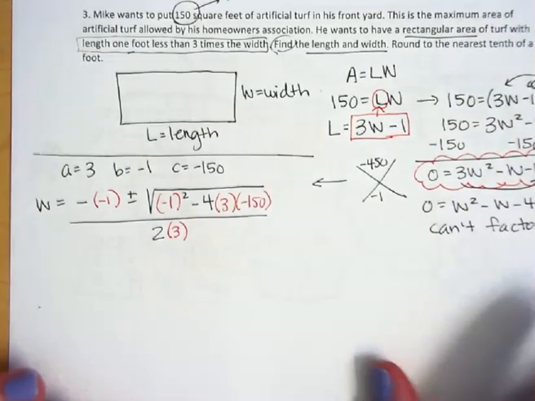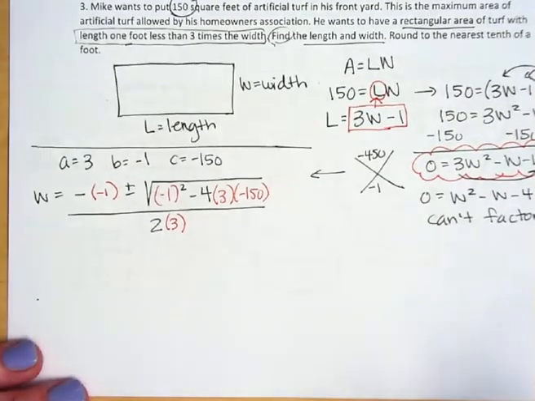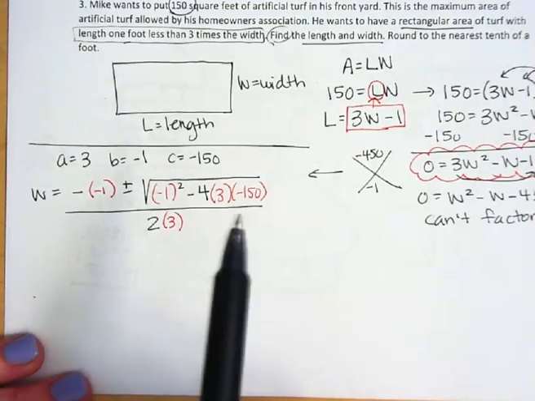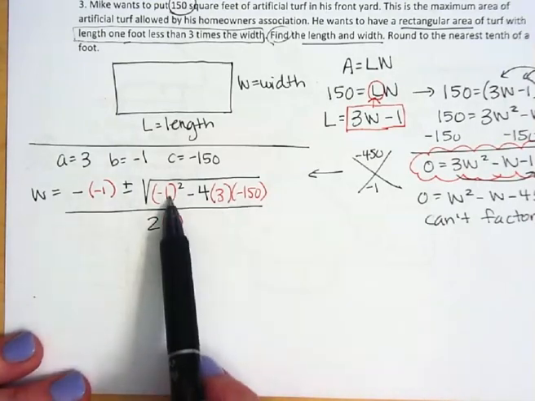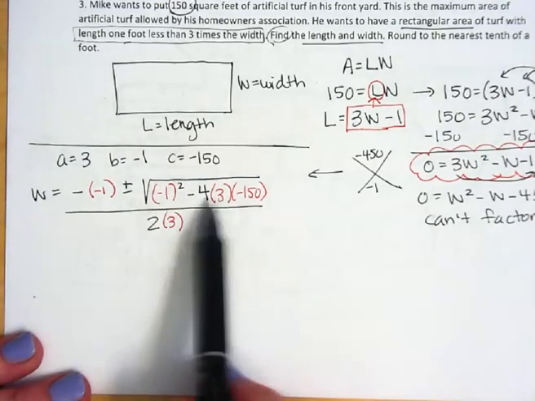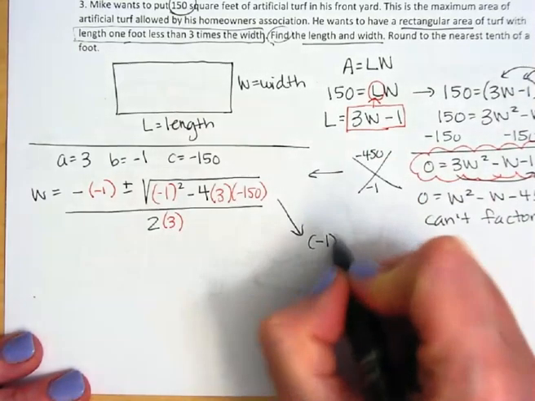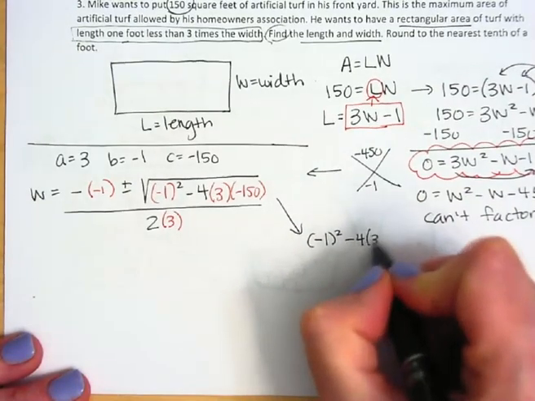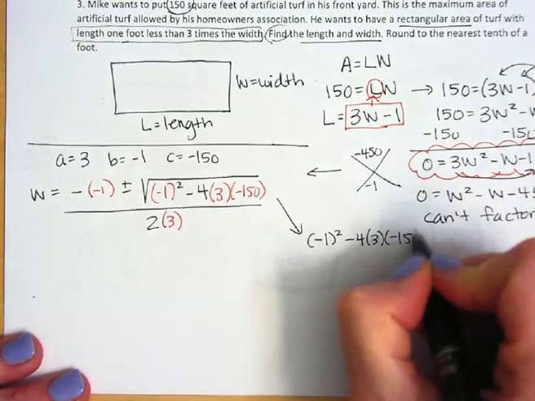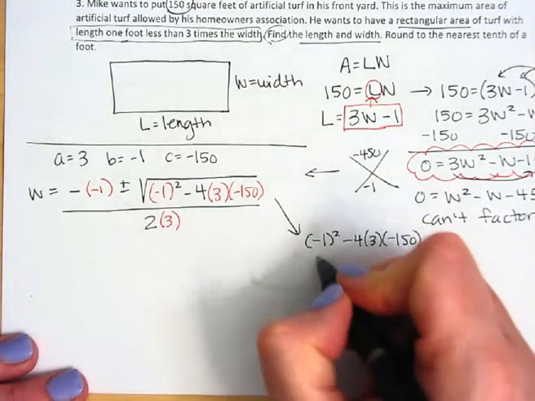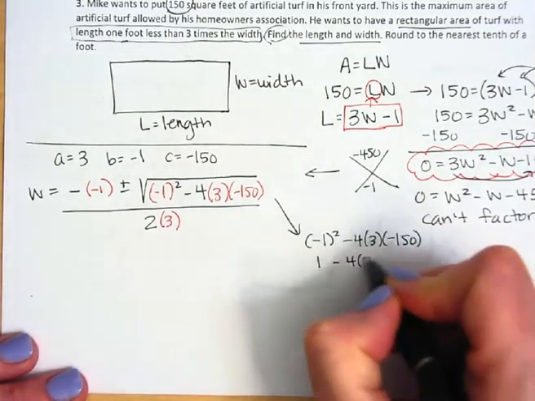So if you need to, pause your video and make sure your substitution step is good. When I taught the quadratic formula lesson, I said to start with these numbers inside the radical, just bring them out here by themselves and do that math first, following the order of operations. So you do your exponent first. Negative 1 squared means times itself, so positive 1.